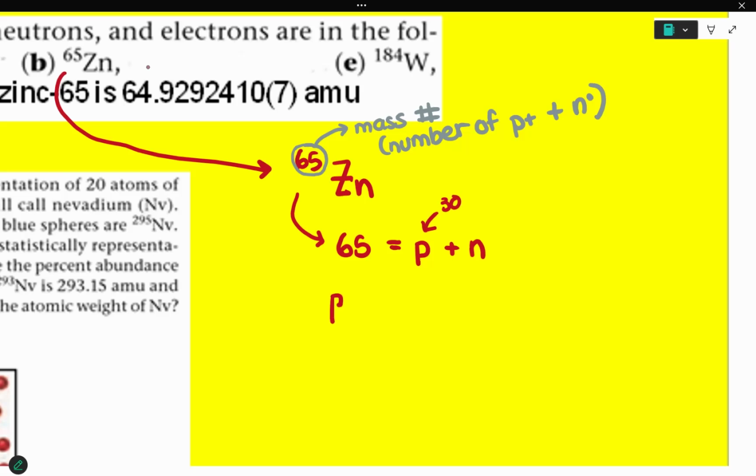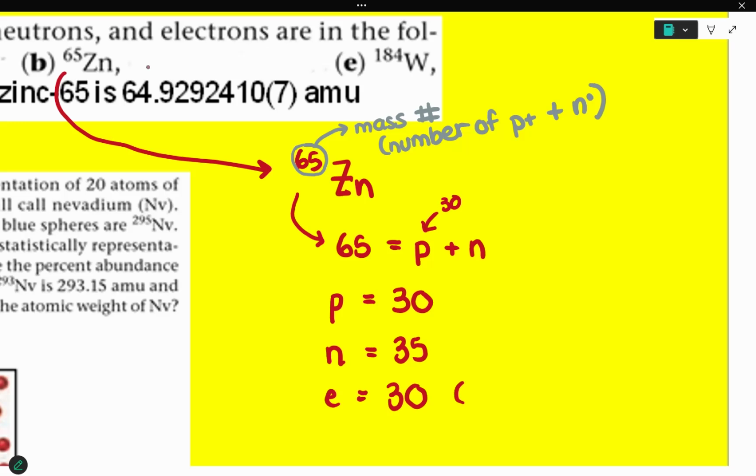So if we know that we have 30 protons, how many neutrons do we need to have if we have a mass number of 65? 35. How many electrons do we have? 30, okay?